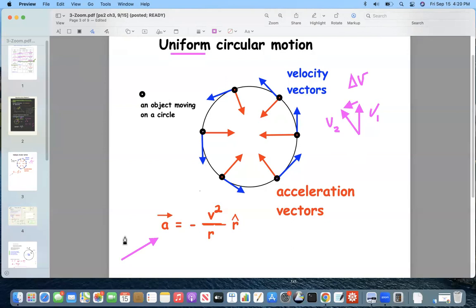Huygens was a Dutch physicist who first published a description of circular motion. Maybe Newton knew this from reading Huygens, or maybe Newton just figured it out himself. The acceleration vector is negative v squared over r times r hat. The magnitude is v squared over r. R hat is the unit vector away from the center. Negative r hat is towards the center.